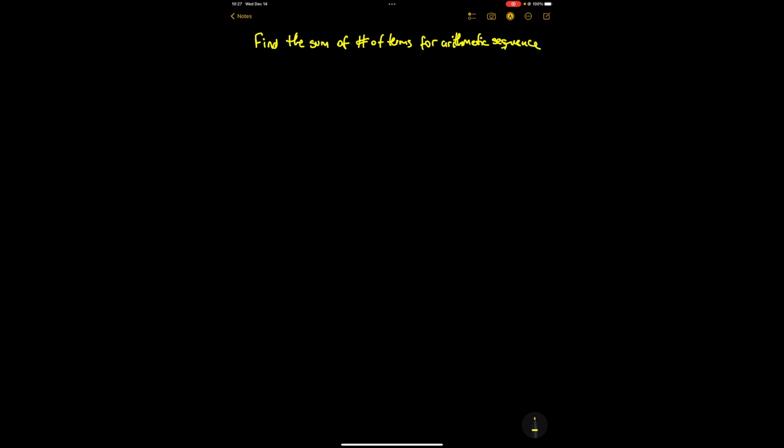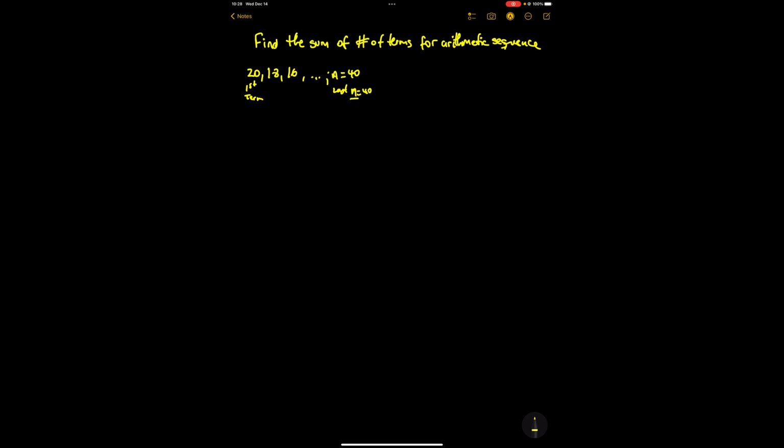Let's say we have 20, 18, 16, and then we have n equals 40. What they're basically giving you is the first term, and then they tell you the last term: n equals 40, so the 40th term is n.